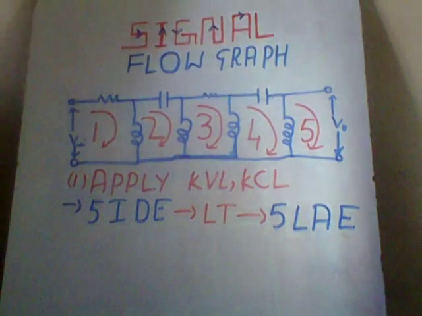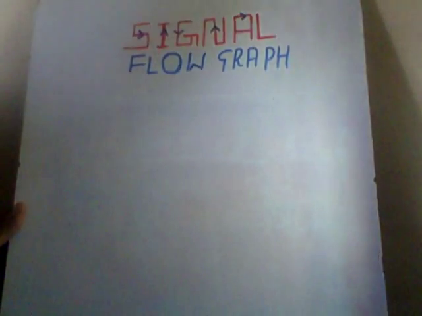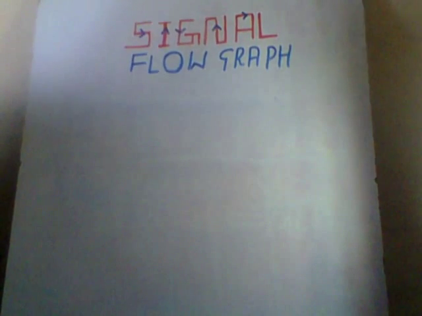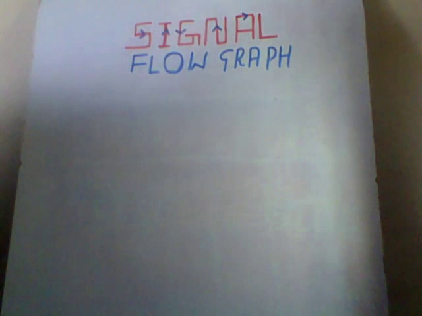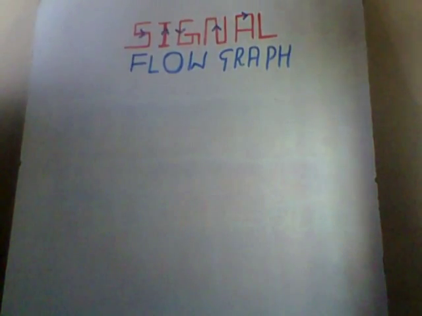So now we are going to introduce the importance of signal flow graph. A signal flow graph is defined as a graphical representation of a set of linear algebraic equations between input and output.